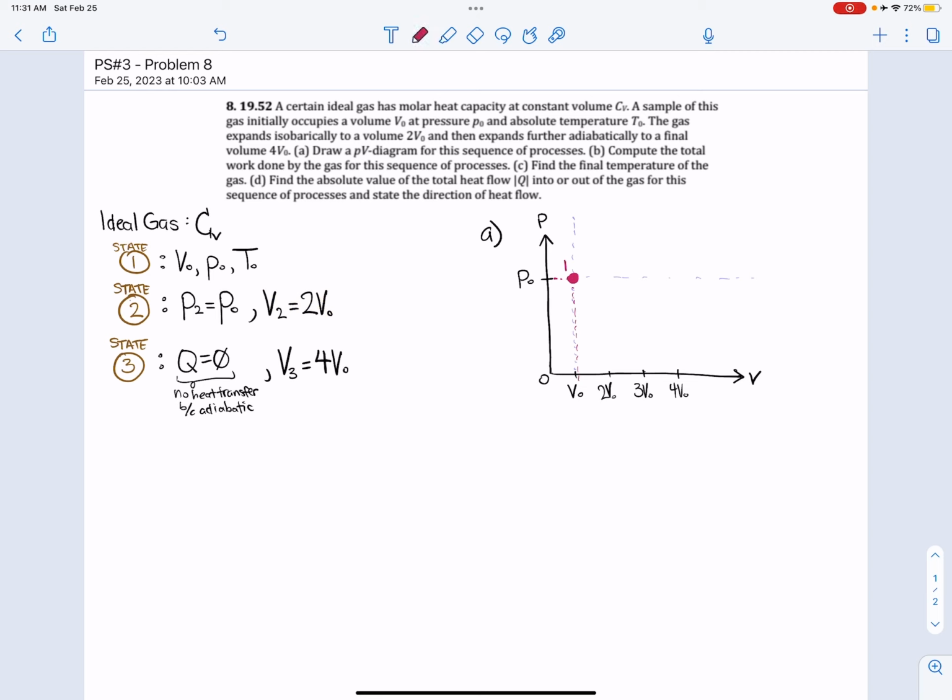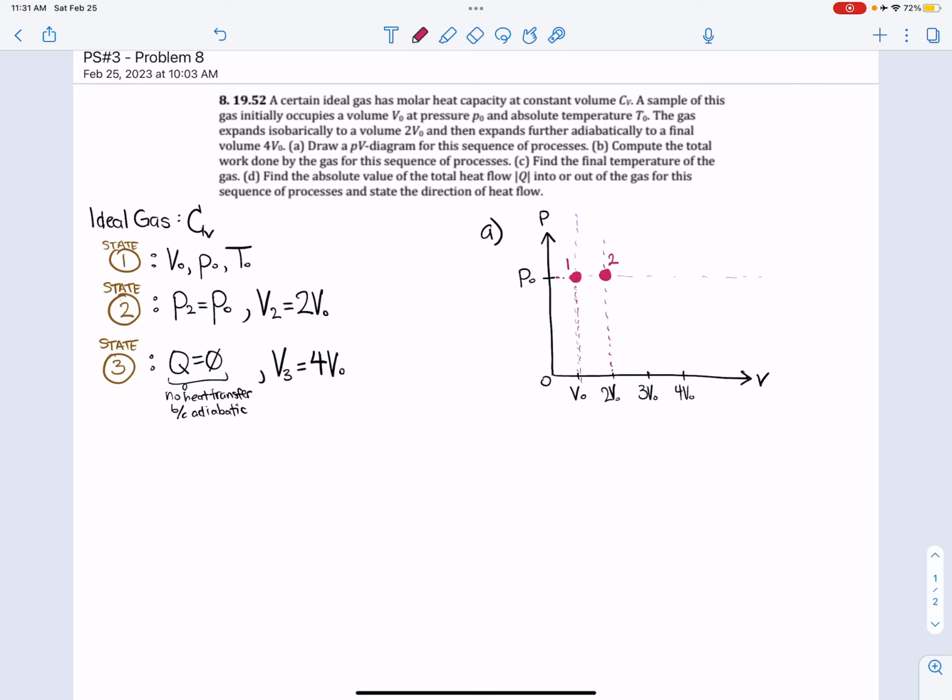So I go from there to 2V naught, still at the same pressure, P naught, and that is my second state. And from state 2 to state 3, I go through an adiabatic process where the volume expands further to a final volume of 4V naught. So somehow I need to end up here.